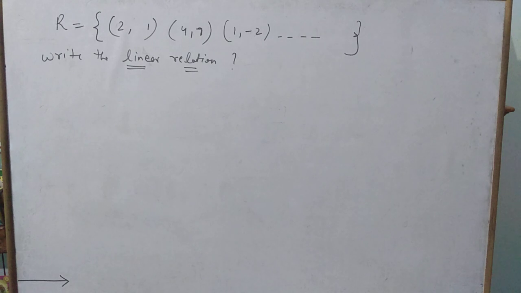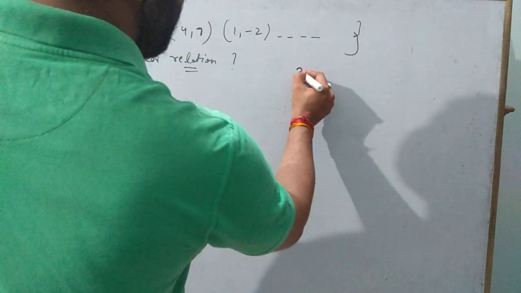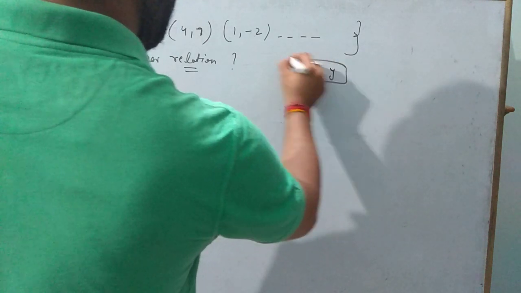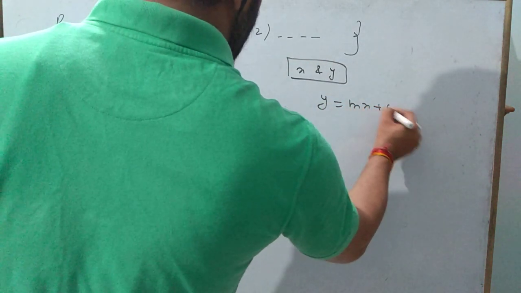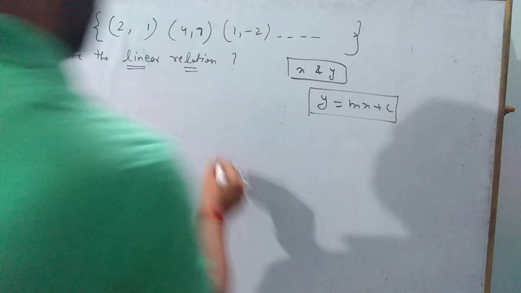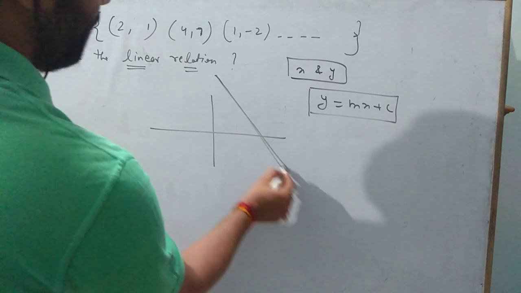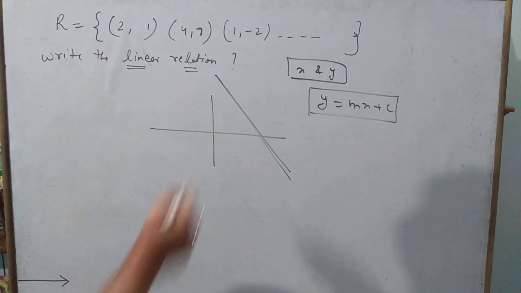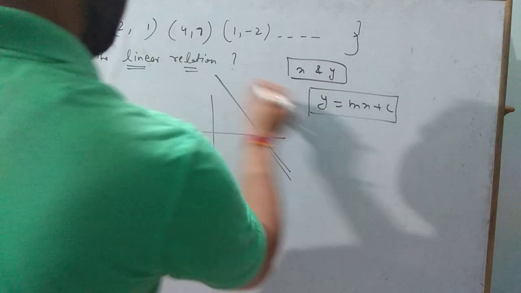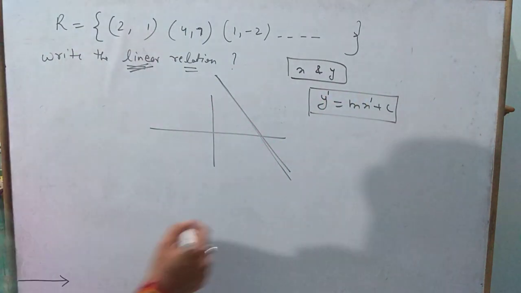As you know, in class 10 you have already studied linear relations. Whenever x and y are connected by a linear relation, that is y = mx + c, it is a straight line on the Cartesian plane. A line contains points, that is pairs of x and y, which satisfy the equation of the line. So linear means the degree of x and y must be 1.